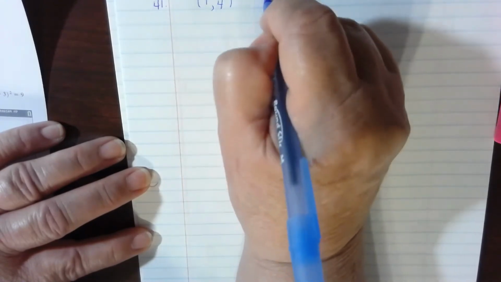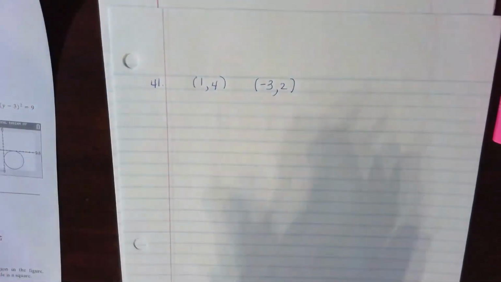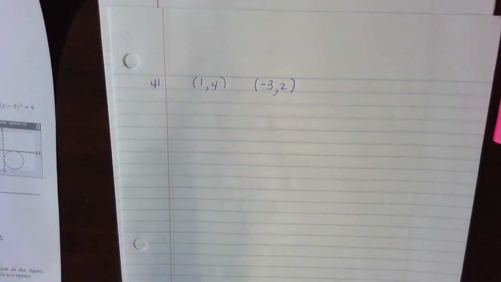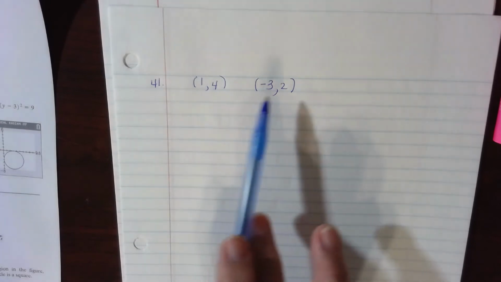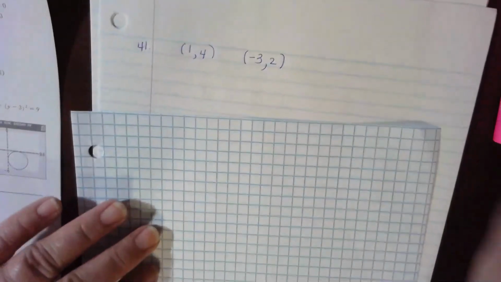Alright, now, number 41 says we have a diameter. You know, diameter is the line that goes through the center and goes all the way across the circle, where the radius just goes halfway from center to side. Diameter goes all the way from side to side. So let's see what that might look like.